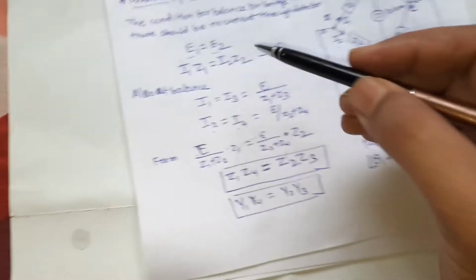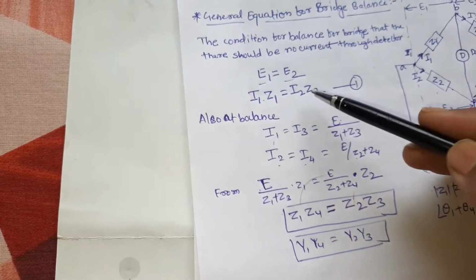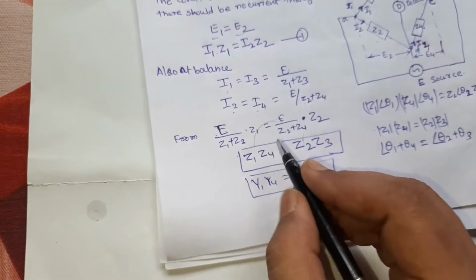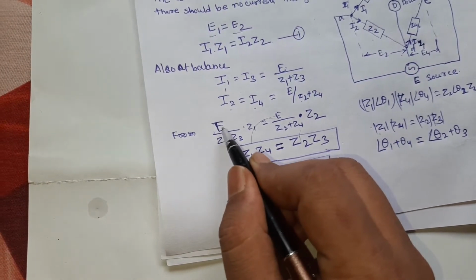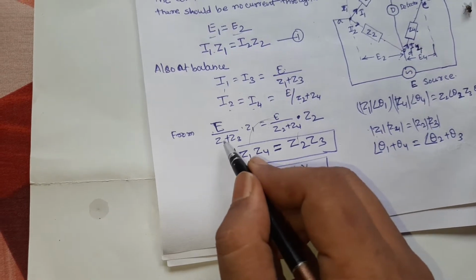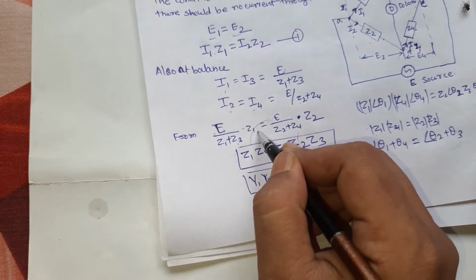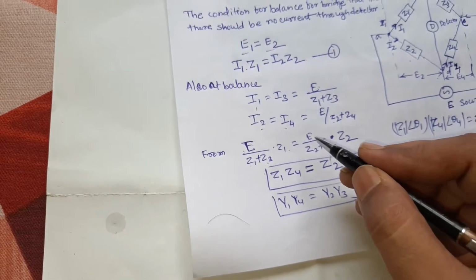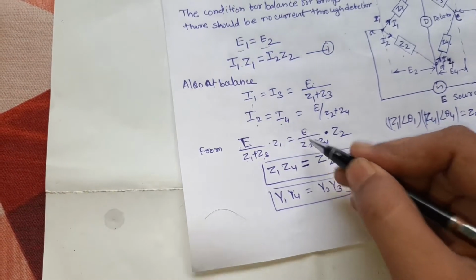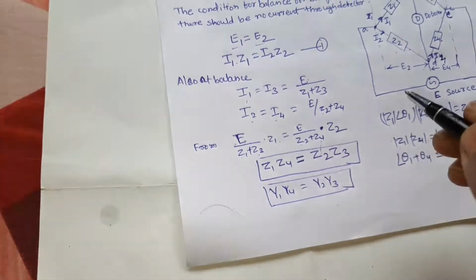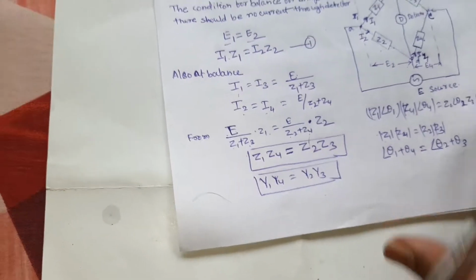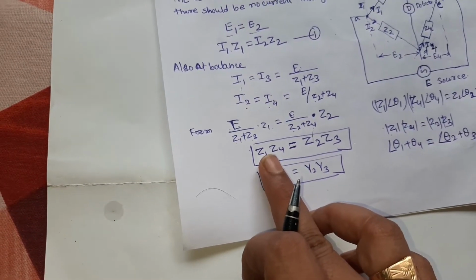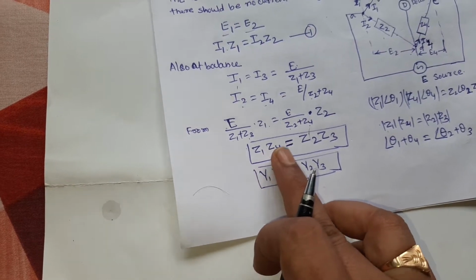If you put the values of I1 and I2 from these equations, then I1 is replaced by E by Z1 plus Z3, and I2 is replaced by E by Z2 plus Z4.